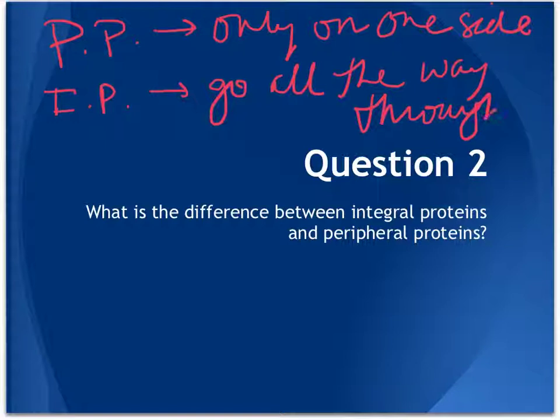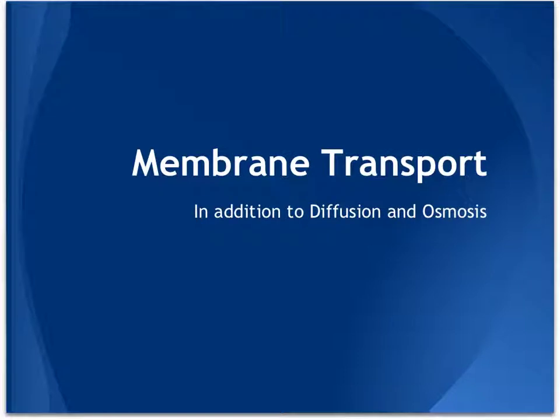Certainly, you might have also said that the peripheral proteins were a little bit smaller, the integral proteins a little bit bigger. Maybe you said that the integral proteins were more vertically aligned, whereas the peripheral proteins were more horizontally aligned. Those are all very good answers. The important points, however, are whether or not it goes through or stays on only one side of the phospholipid bilayer. All right, now we want to talk a little bit more about membrane transport.